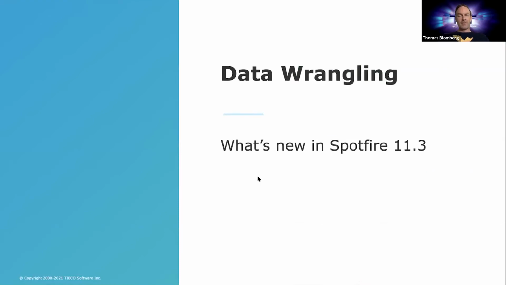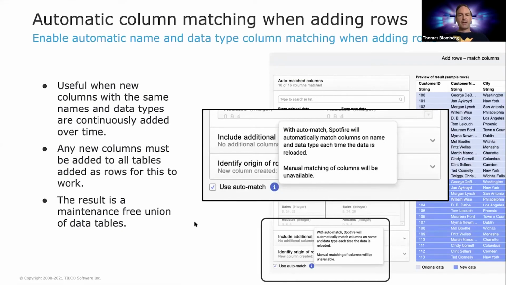We also have a data wrangling feature, and this is related to the add rows feature. We have added the use automatch feature. So if you are doing a union between two data sets, and you know that these data sets continuously receive more columns, maybe more sensors are added from the production line, and you know that these are available in both data sets or all data sets, because you can do a union between how many data sets you like.